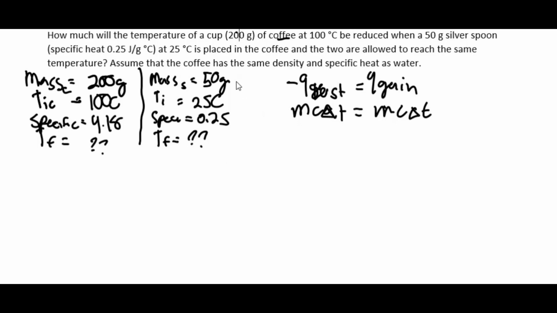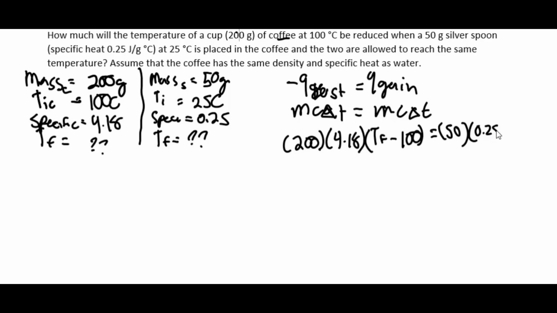So the coffee is 200 times 4.18. So what's the final? Final is missing. Initial temperature is 100. So equals to 50 minus 0.25. TF is still missing.